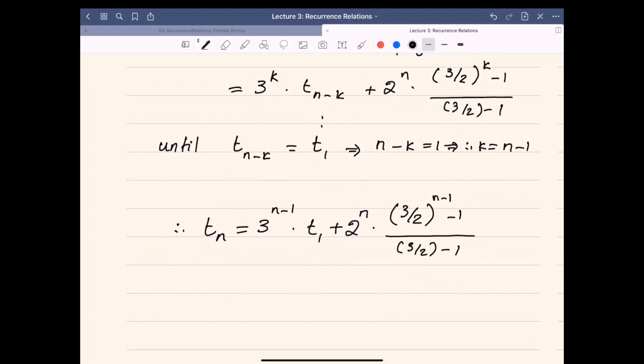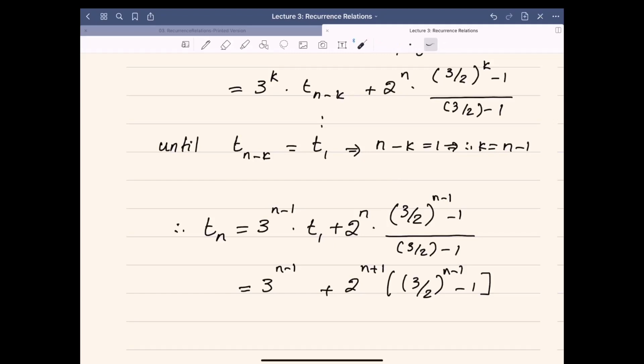After we do the simplification, this is equal to 3^(n minus 1) since the initial value T1 is equal to 1, so we will leave T1 as 1, plus after the simplification, 2 to the power n plus 1 multiplied by 3 over 2 to the n minus 1 minus 1. Why are we having 2 to the power n plus 1?